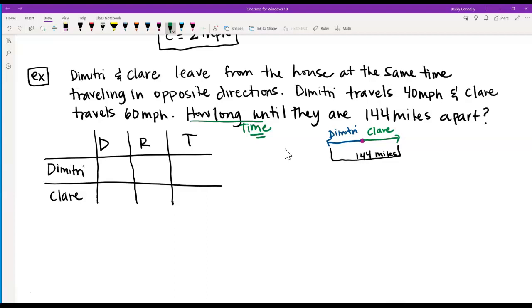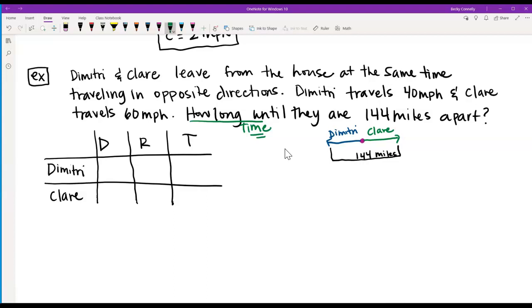And I can't put 100 miles on one and 44 on the other because I don't know exactly the distance that each of them are going. I just know that together it's going to be 144 miles. So that's what I'm thinking through when I'm thinking about the distance. So I'm just going to skip over the distance for right now.